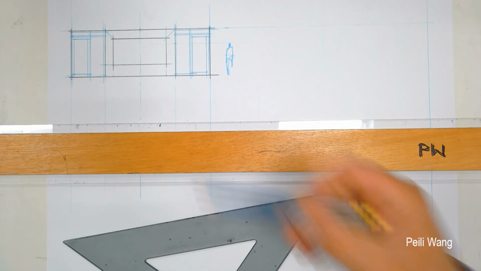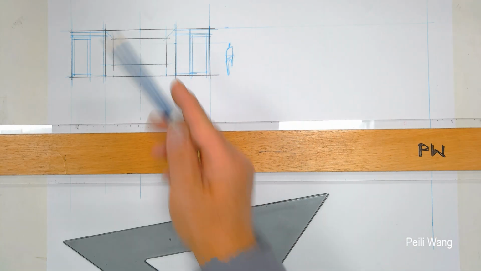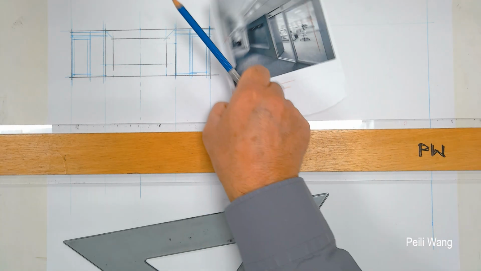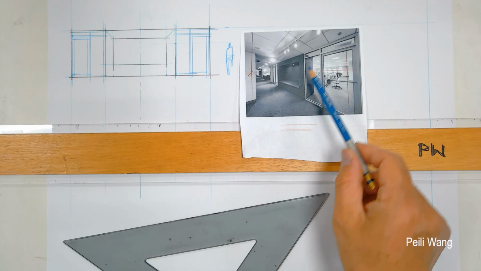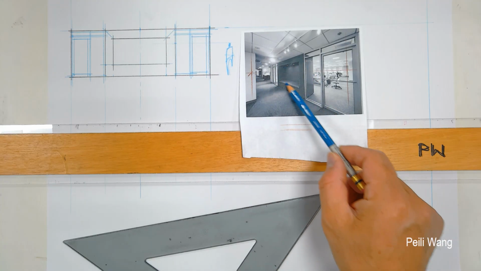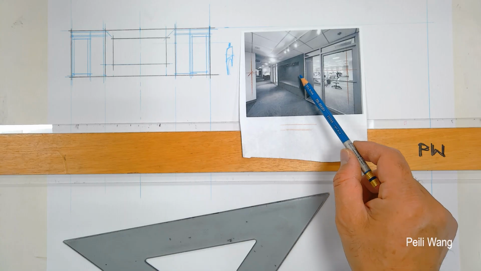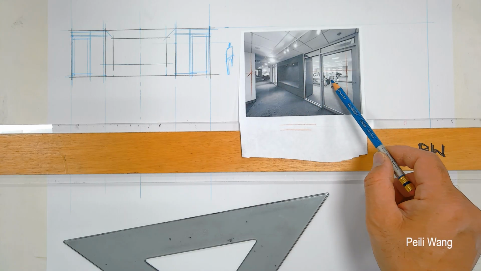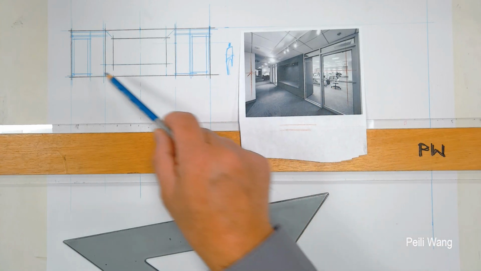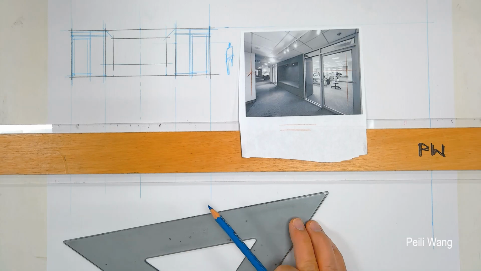So now I have this one. You can see this picture. So this part, we have this one. We have the door. The rest we just add more. We are going to add more details.